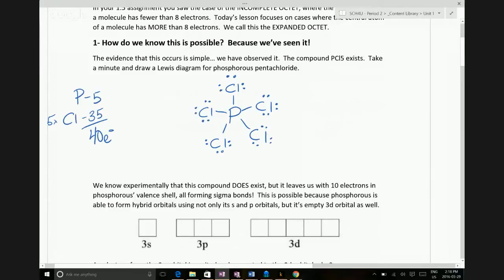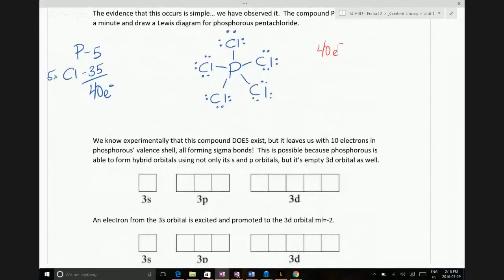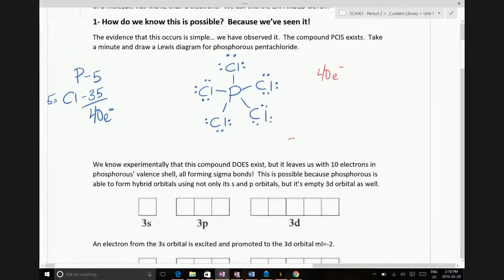All right, and then we're going to quickly count electrons. 2, 4, 6, 8, 10, 12, 14, 16, 18, 20, 22, 24, 26, 28, 30, 32, 34, 36, 38, 40. So that gives us 40 electrons, which is the right amount. So this is the correct structure.